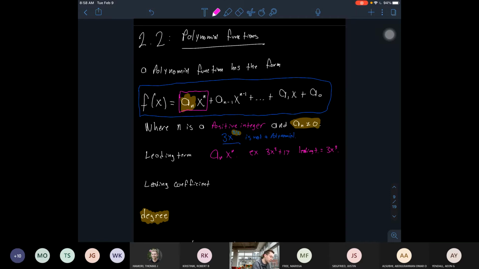And the leading coefficient, okay, is just going to be the number which is being multiplied times x to the n. It's just going to be a_n. Leading coefficient is a_n.